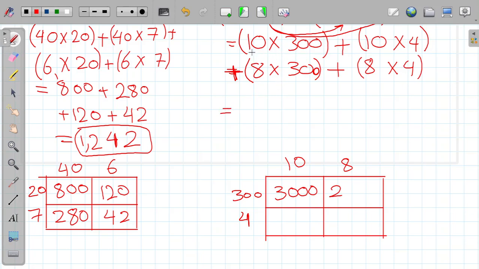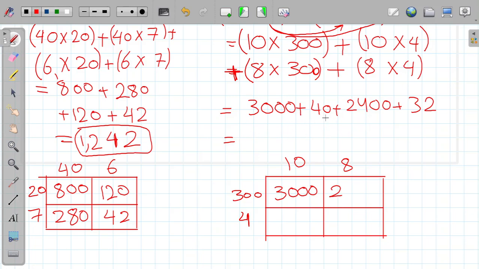The first one is 10 times 300 equals 3,000. The second one I have 10 times 4 equals 40. Next I have 8 times 300 equals 2,400. And next I have 8 times 4 equals 32. And I will add them together.